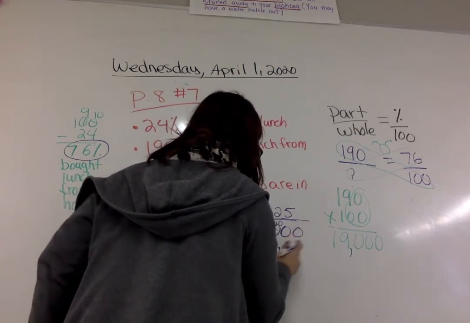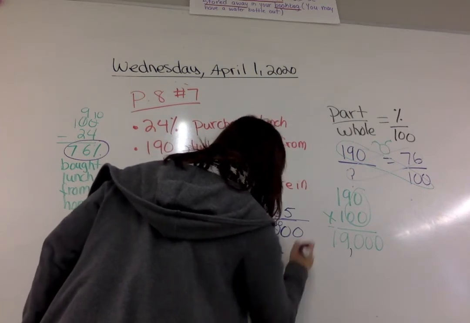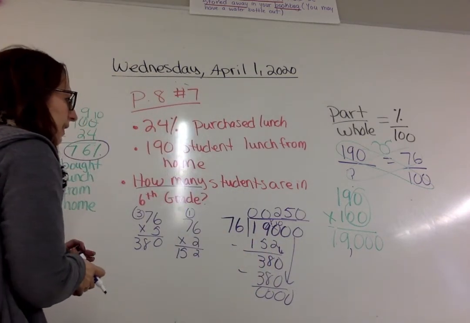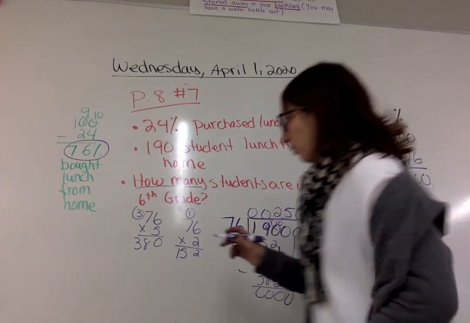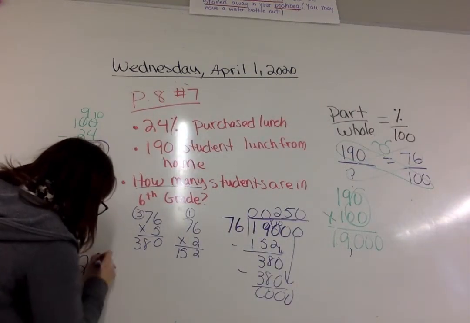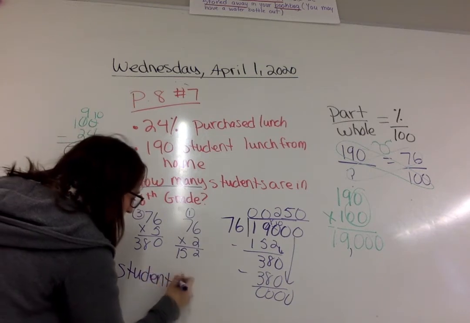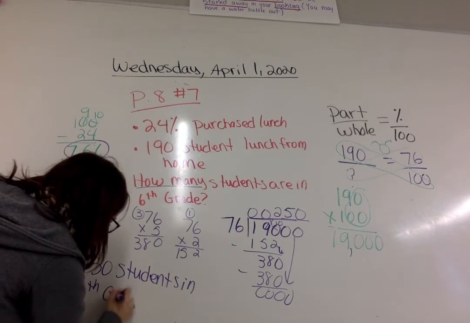So then this gives me 380. Subtract, 0, bring down the 0. So there are 250 students in the 6th grade. We'll write it here. There are 250 students in the 6th grade.